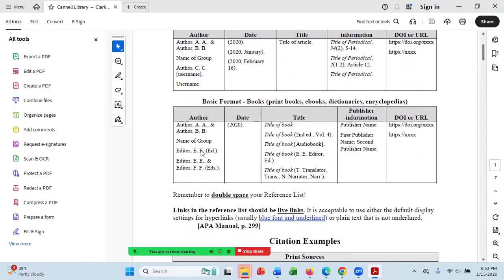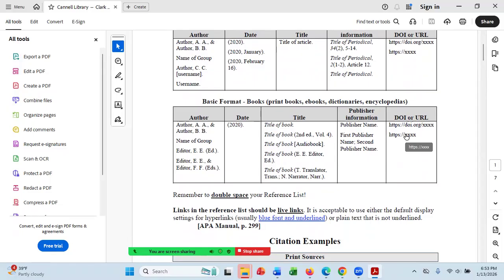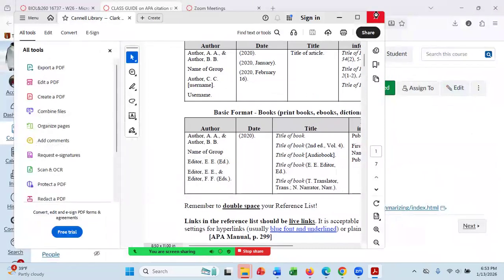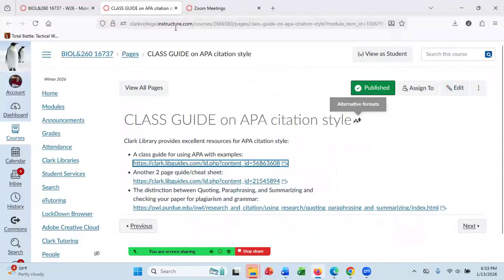Book. Author, date, title of book, publisher information, and a URL if you have one. Yeah, you don't need to have the city of publication. Any question about any of that?